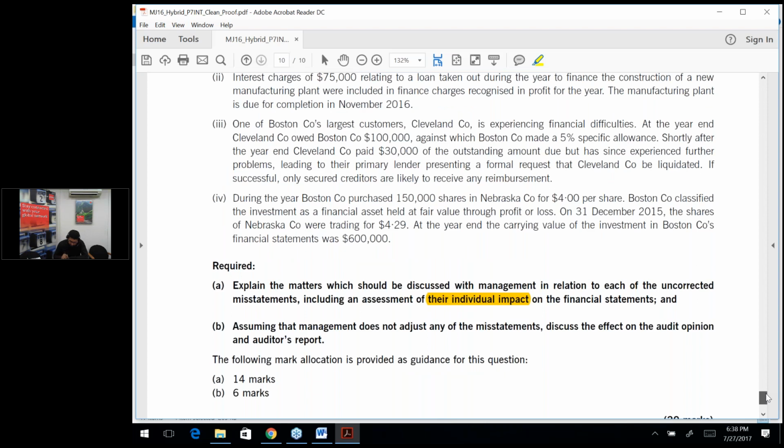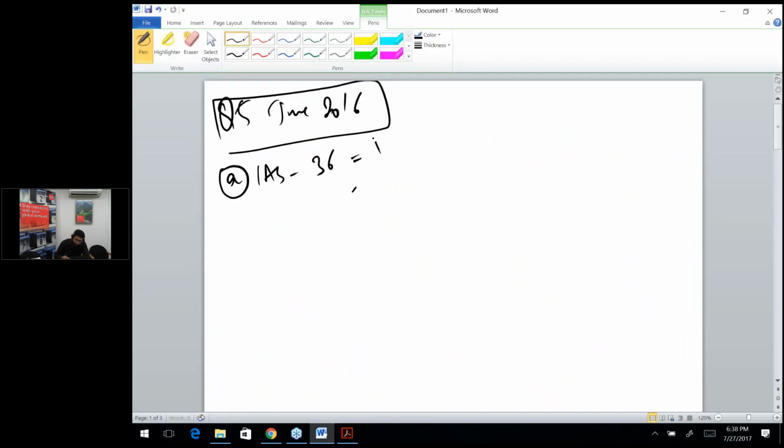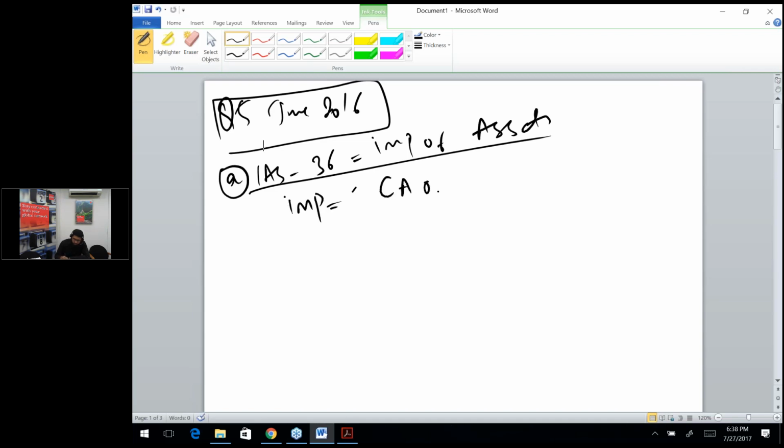First of all, the relevant standard is IAS 36, which is the impairment of assets. So when we talk about IAS 36, what is impairment? Impairment is whenever the carrying amount of an asset exceeds its recoverable amount. Whenever the carrying amount of an asset exceeds its recoverable amount, we have an impairment.